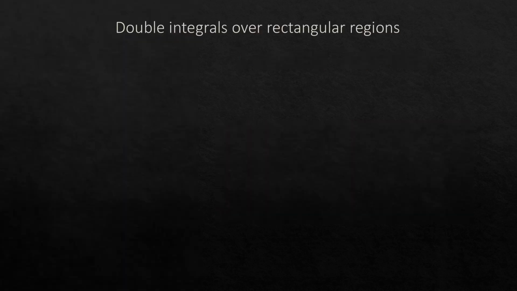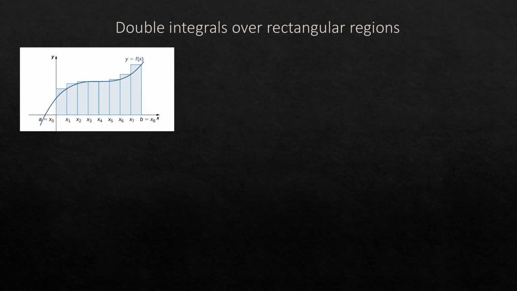So let's go ahead and derive this notion of a double integral. First thing we're going to do is have a quick review of Calculus 1. At the very end of that class, once we learn how to compute derivatives and antiderivatives, we also looked at a graph of a function.